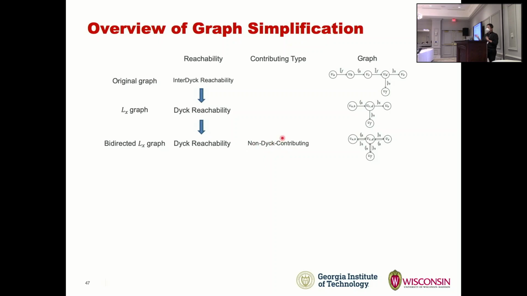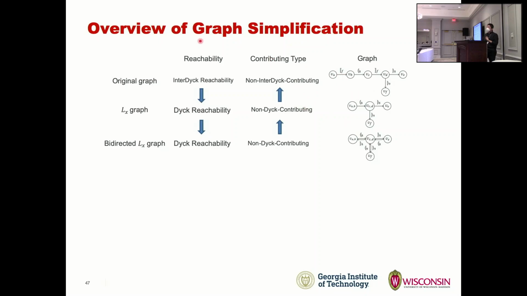And by the reasoning from the previous slide, we can conclude that whatever we get here will definitely be non-Dyck contributing in this LX graph. By a similar claim, those non-Dyck contributing edges will definitely be non-inter-Dyck contributing in your original graph.